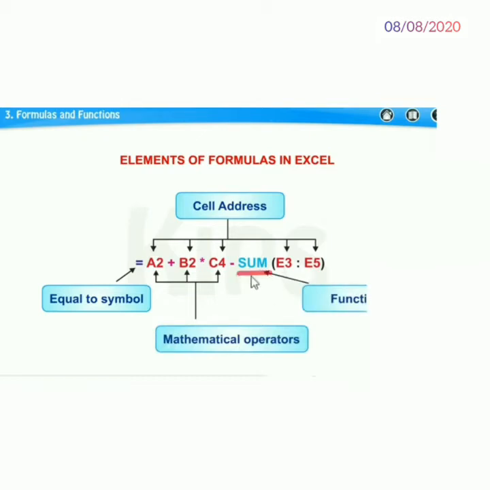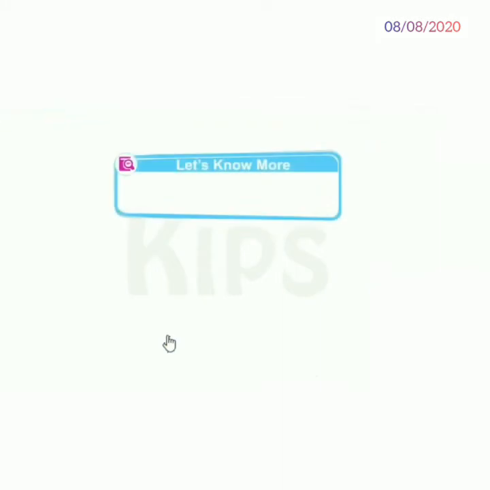SUM is the function to find the sum of all the elements in the given range. What is the range? E3 to E5 represents the range, that means all the values of column E from row 3 to 5. We will sum up all the values from row 3 to row 5 under column E.